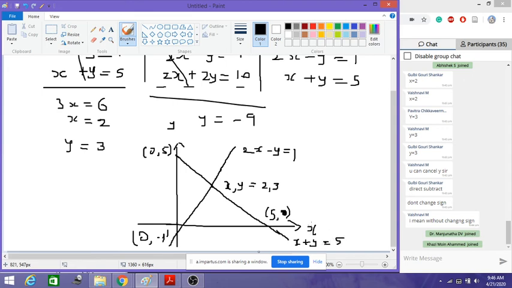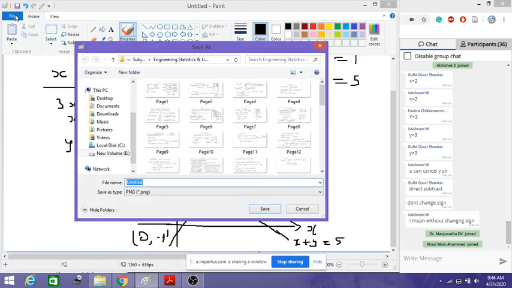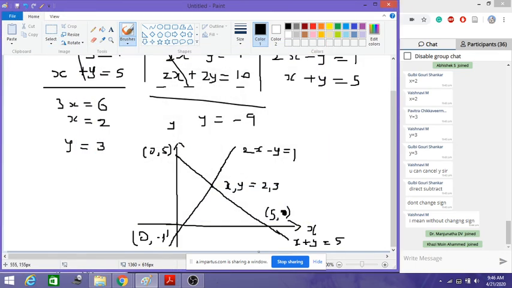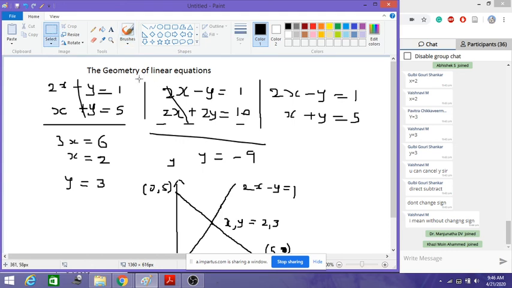The same thing we can also represent in terms of the column form, the column picture. So before saving, let me take out these unnecessary things.